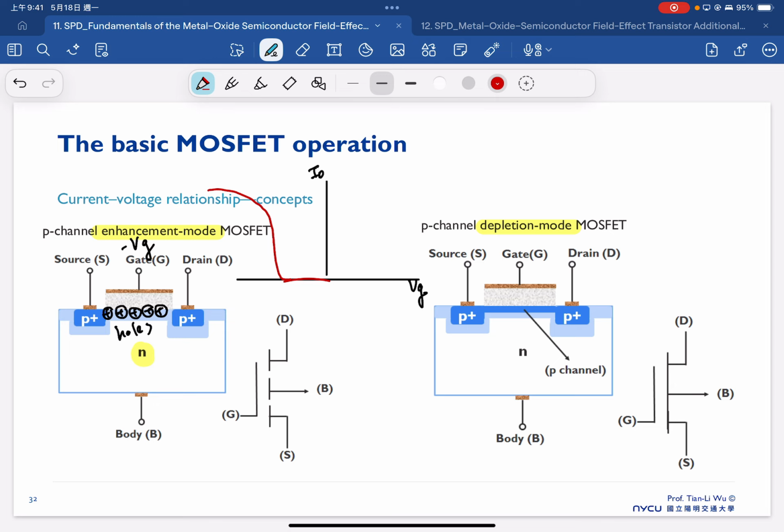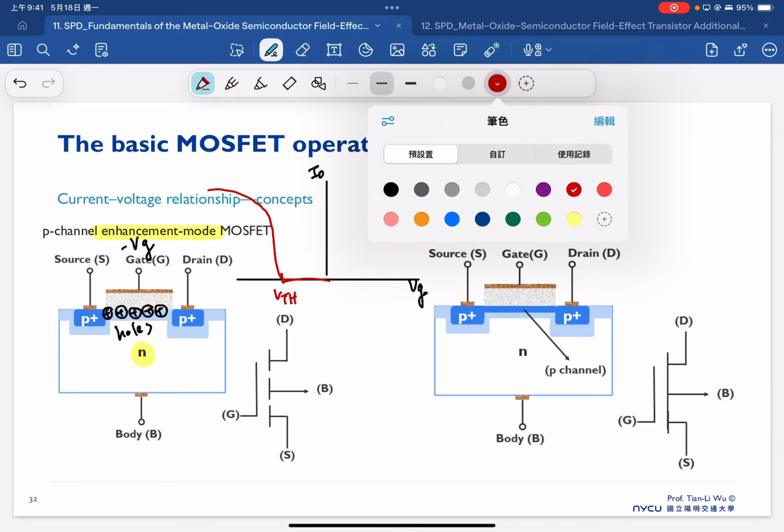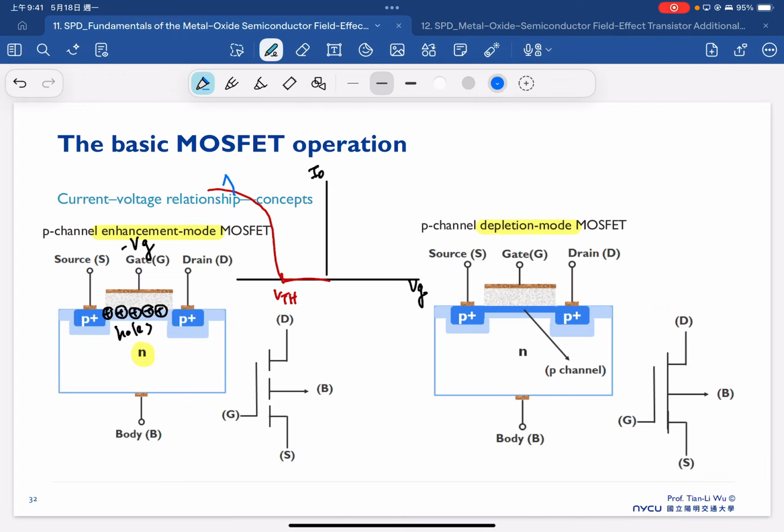So the threshold voltage is negative, but we need to apply an even more negative bias to induce a hole inversion. That's the case for our enhancement mode.